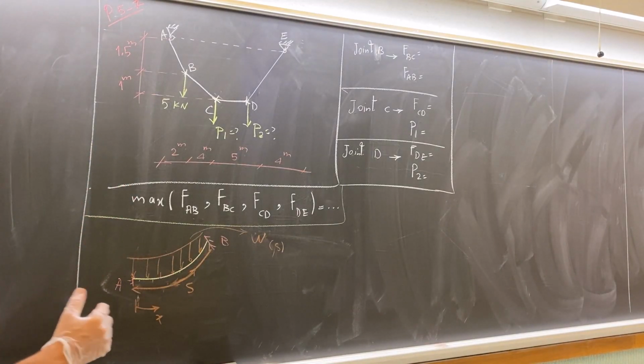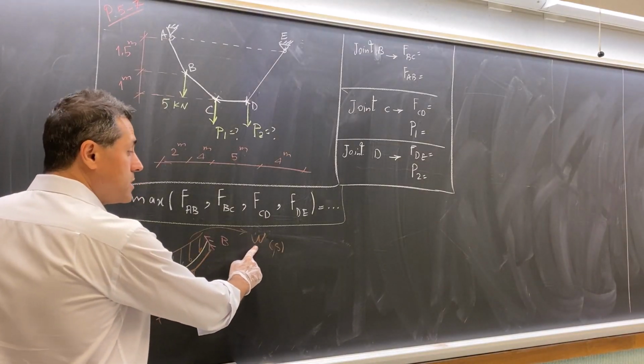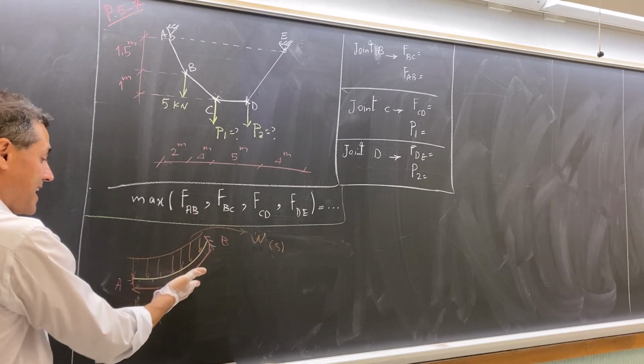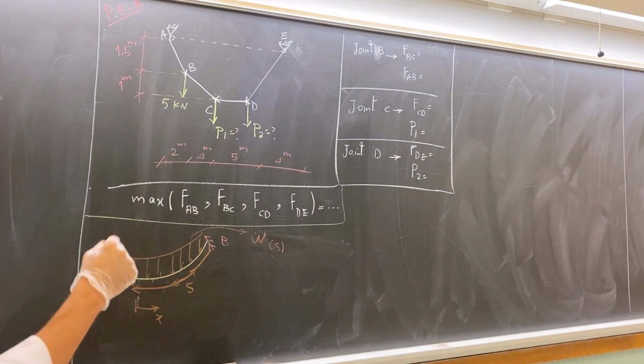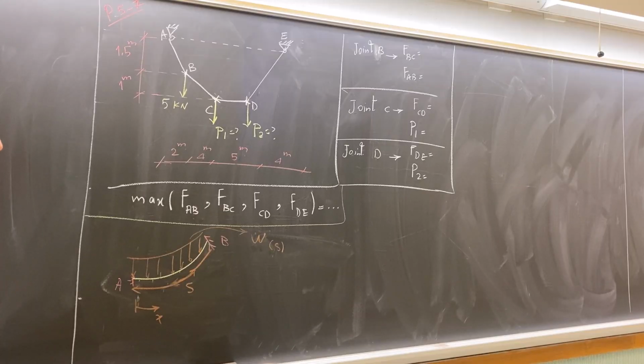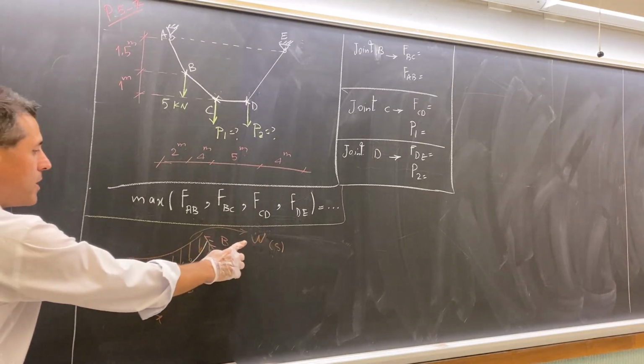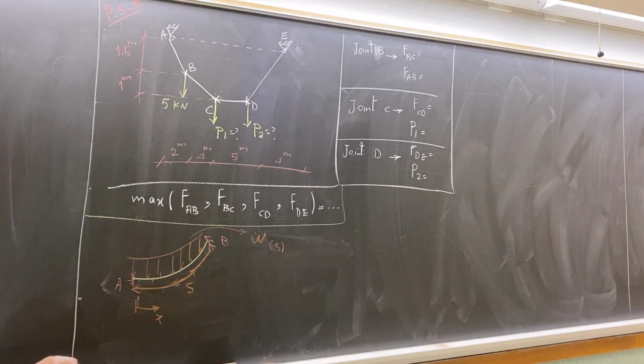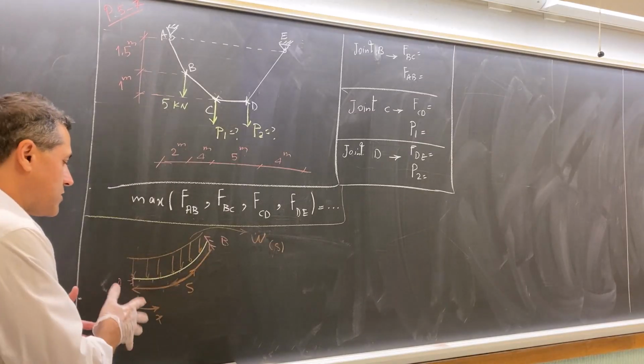And the way we deal with w, w is a function of s, so s is the length of the arc. But when we talk about uniformly distributed load, w is a function of x, the projected length. Because we don't discuss the self-weight, I didn't want to take you through this.